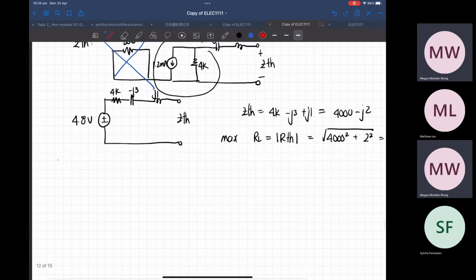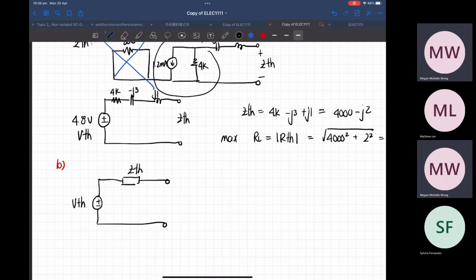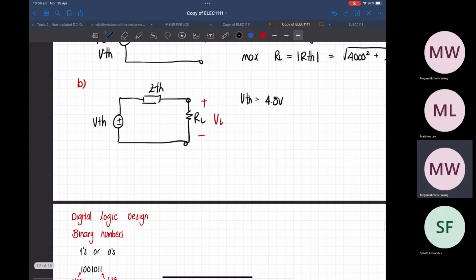So for question B, you already have your V Thevenin. This is your Thevenin circuit if you realize. So you get your R Thevenin here, or your Z Thevenin here, and then your V Thevenin here. And your V Thevenin is actually just 4.8 volts. And then you have your RL connected on this side. And this would be your VL voltage. So you need to calculate VL, which is voltage division.